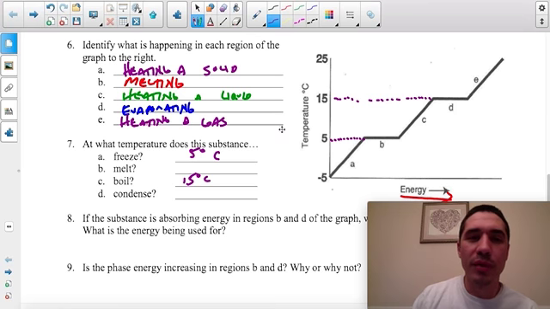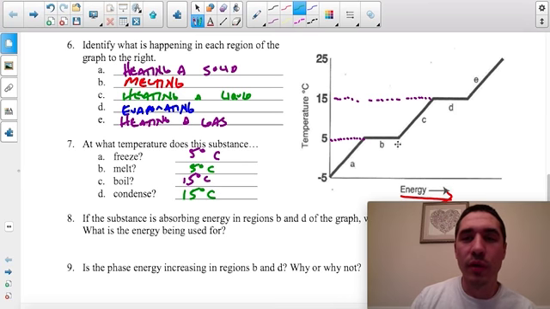Now, the melting point is going to be the same as the freezing point, so that would be 5 degrees. And then the condensation point is the same as the boiling point. It just matters whether you're going to the left or to the right, depending on if you're going from a solid to the liquid or from the liquid to the solid.